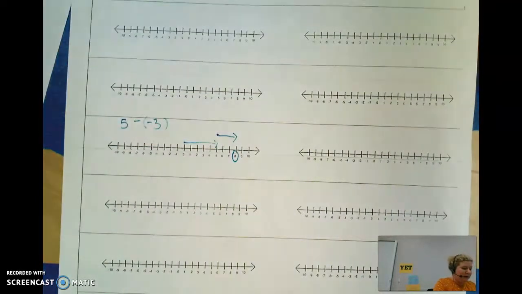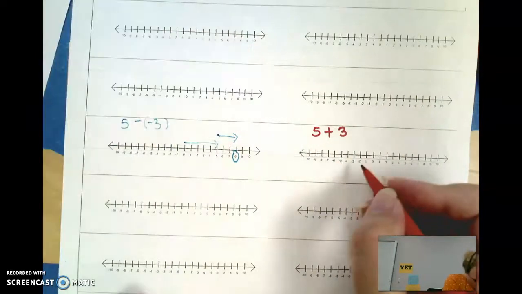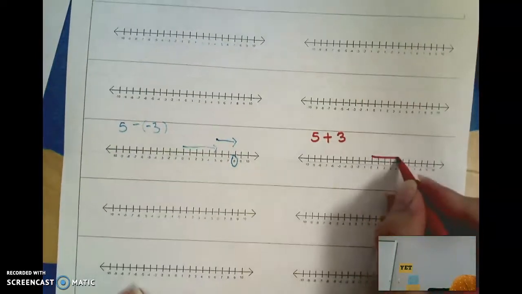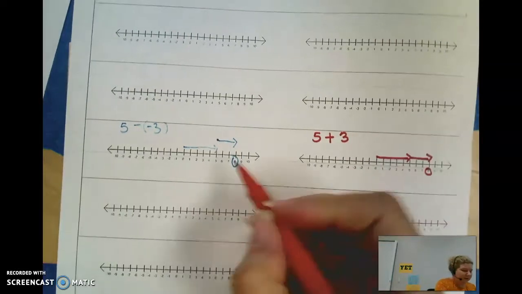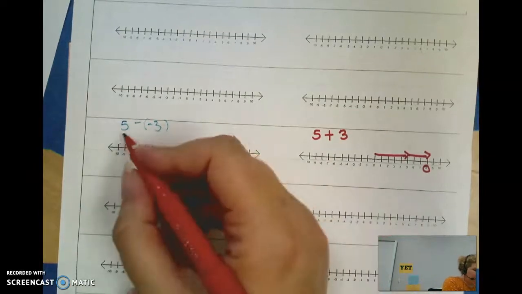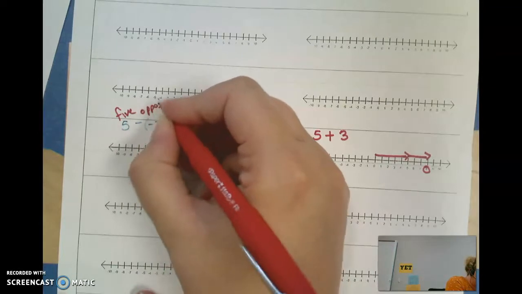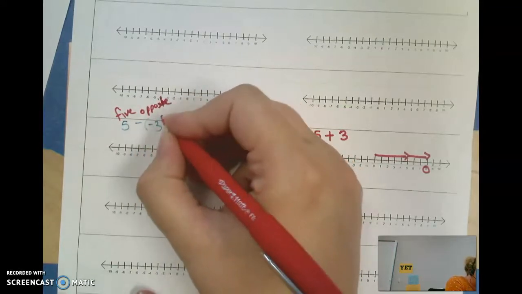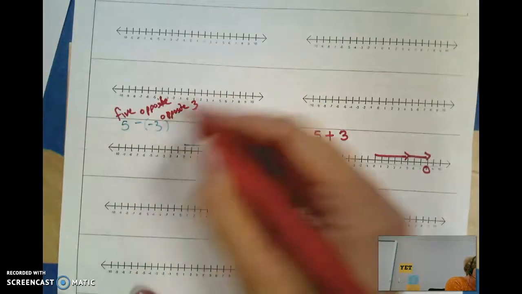So if I just had that diagram, I could say 5 plus 3. Okay, so let's look at that. 5 plus 3, same diagram. Now that arrow scooted up a little. I'm not really sure why I did that, but I did it. So, another way to read this would be 5, the opposite of negative 3.